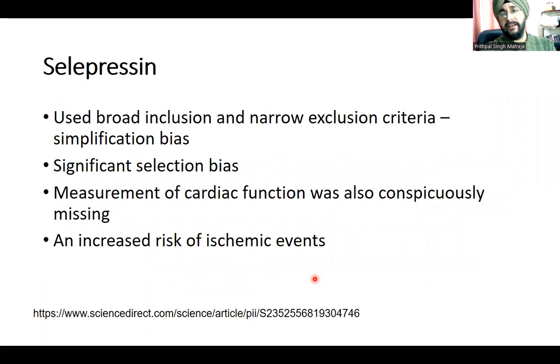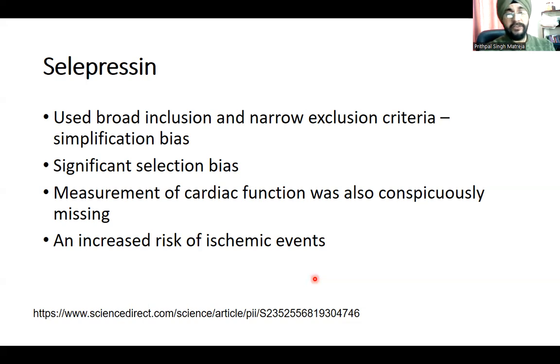When they looked into this particular trial, what they said was that the selepressin group broadened the inclusion criteria and narrowed down the exclusion criteria so as to enroll more patients, leading to simplification bias.